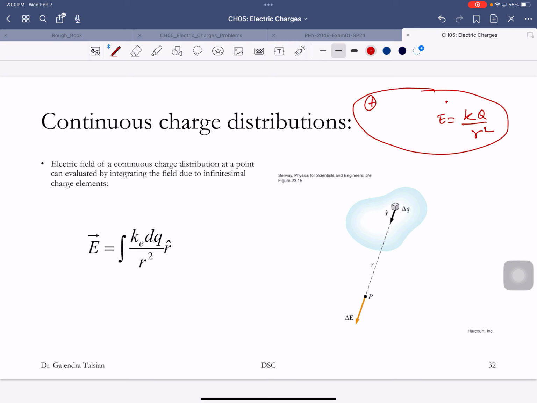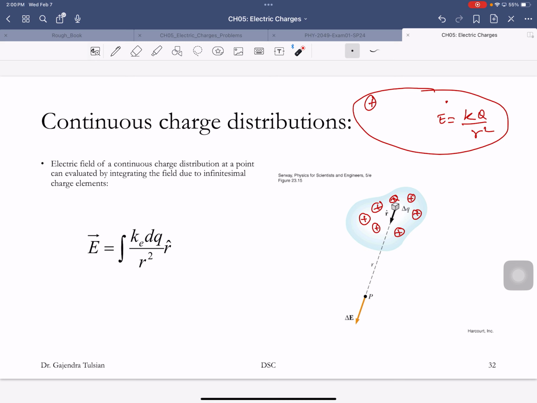We're going to throw a thundercloud at you. The thundercloud has a bunch of charges, let's say uniformly distributed. And you want to calculate the electric field on top of your house due to this thundercloud.